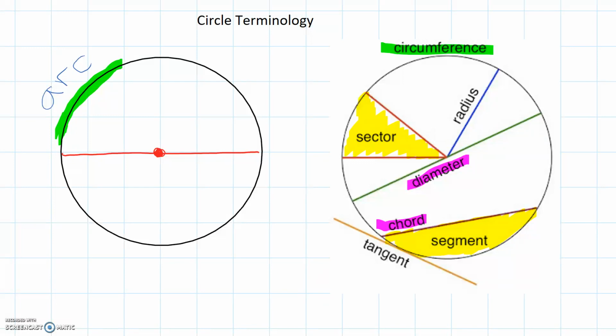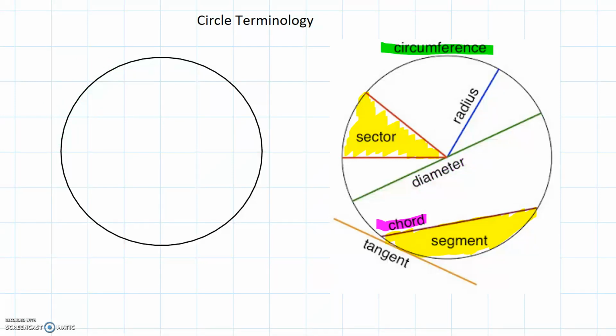It joins 2 points on the circumference, and it goes through the centre. But it doesn't have to be horizontal. This is a diameter. This is a diameter. So we've got chord, joins any 2 points on the circumference. Diameter has to go through the centre. Let's tidy up.